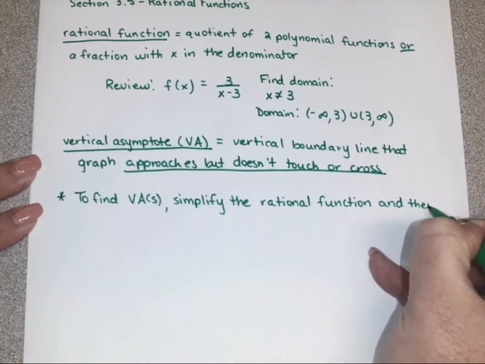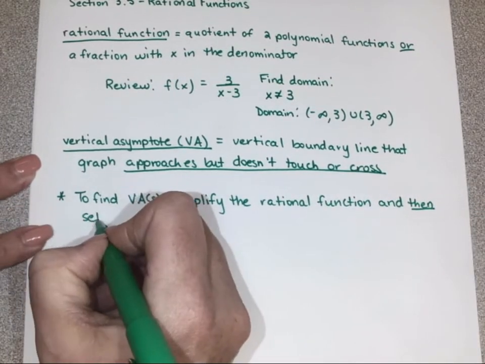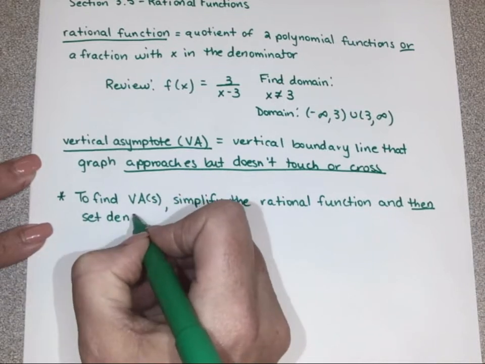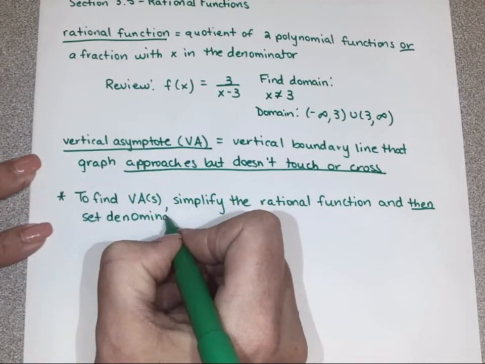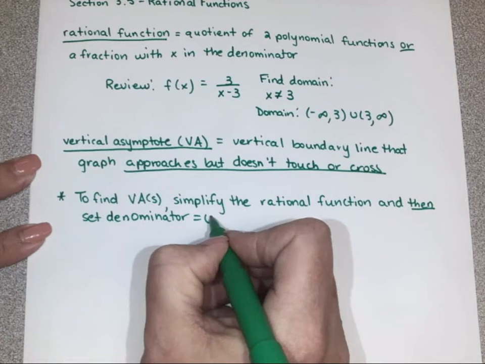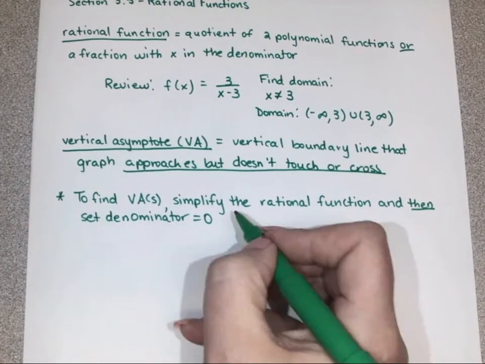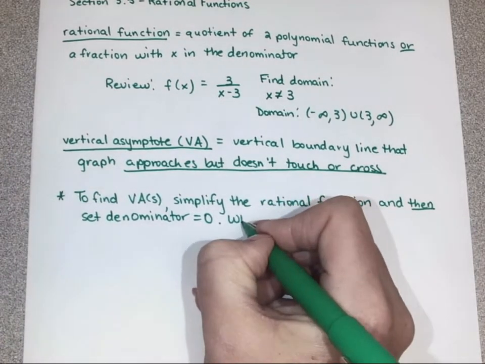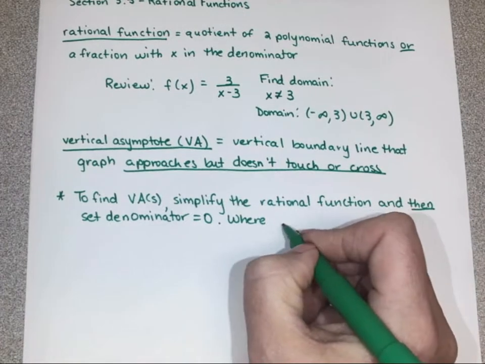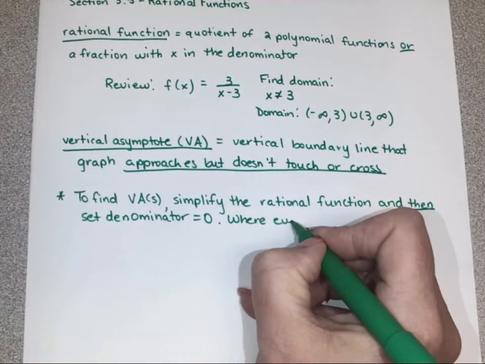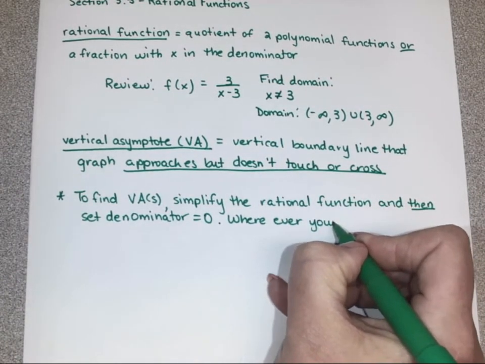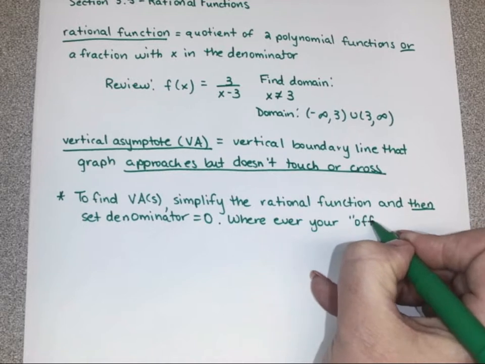And then you're going to set the denominator to 0. Okay, so it turns out that wherever your off-limits values of the domain are, then that's where the asymptotes show up.